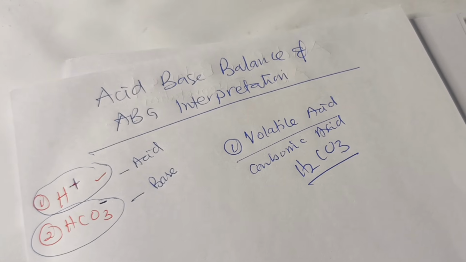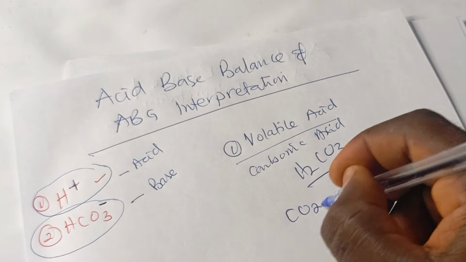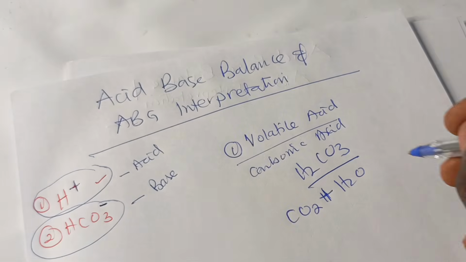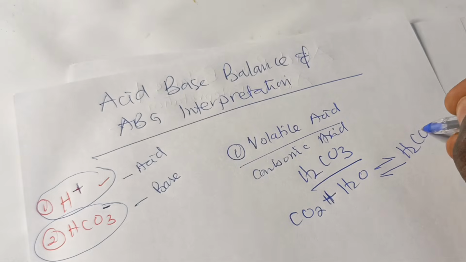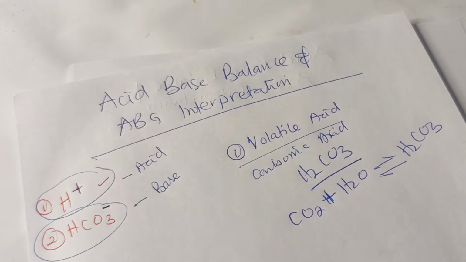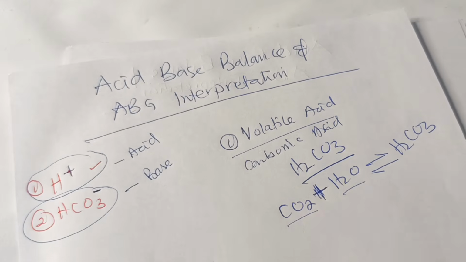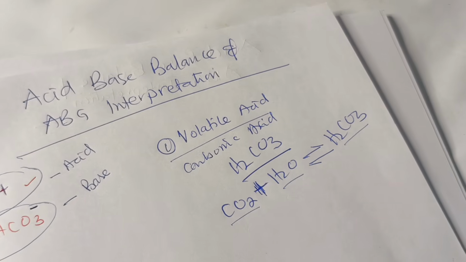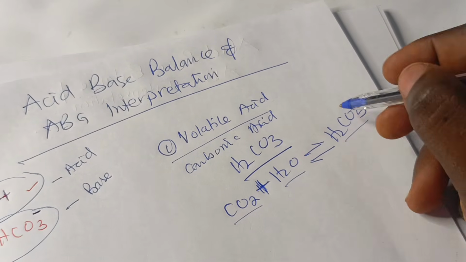Now, how does carbonic acid come about? It comes about when carbon dioxide combines with water. Carbon dioxide plus water leads to H2CO3, which is carbonic acid. It's a weak acid.